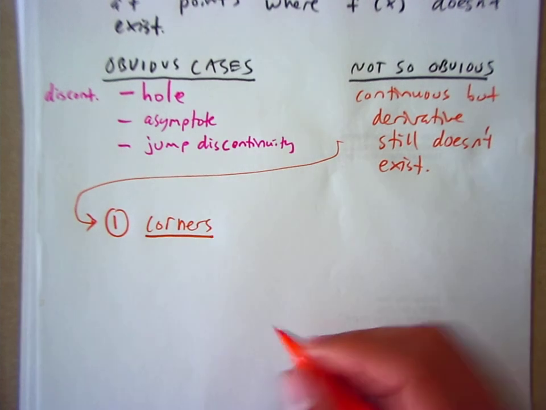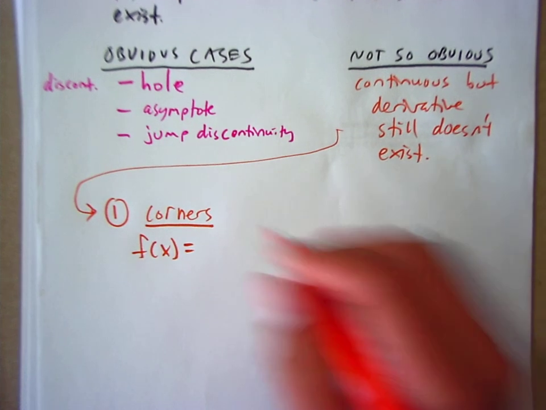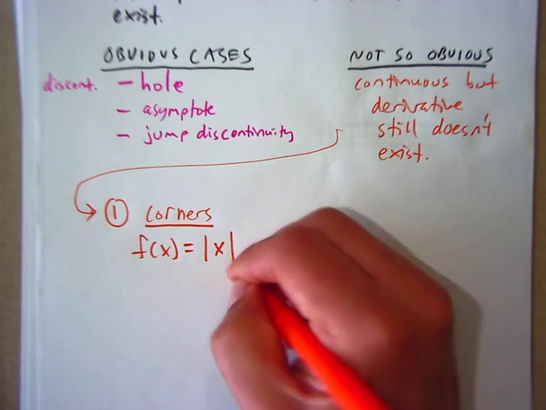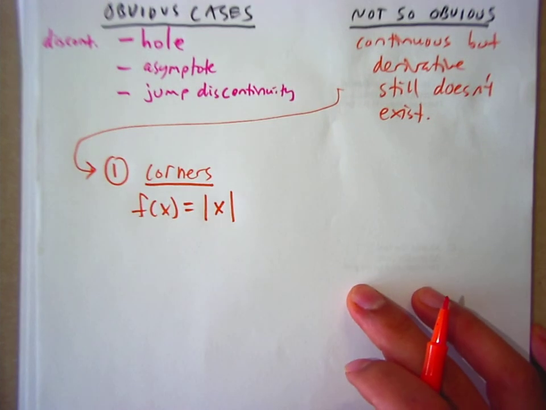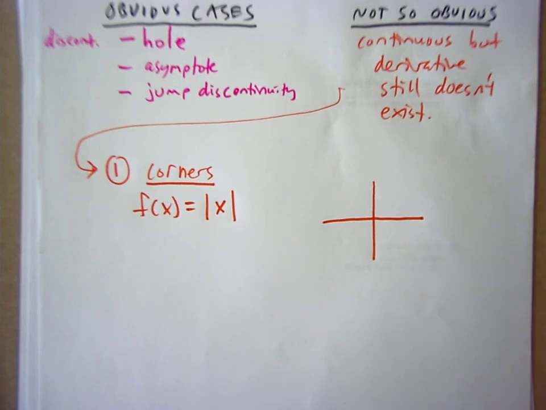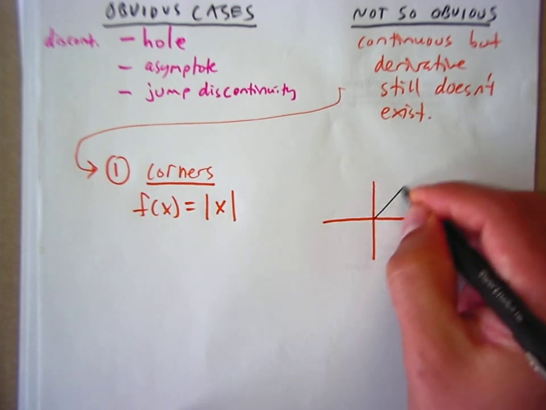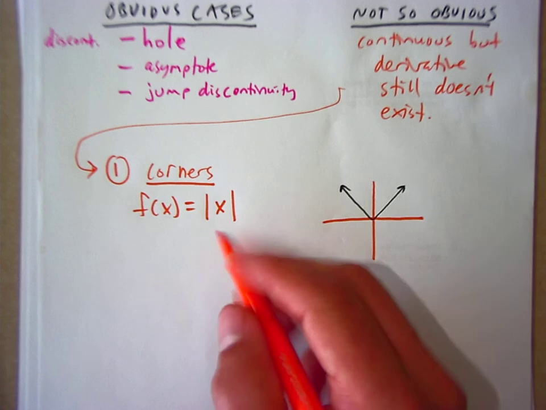And so here's the most basic graph with corners. Let's say the function f of x is just the absolute value of x, right? Well, if we look at the graph, we know the graph looks something like this, okay? And so now keep in mind, we see absolute value of x.